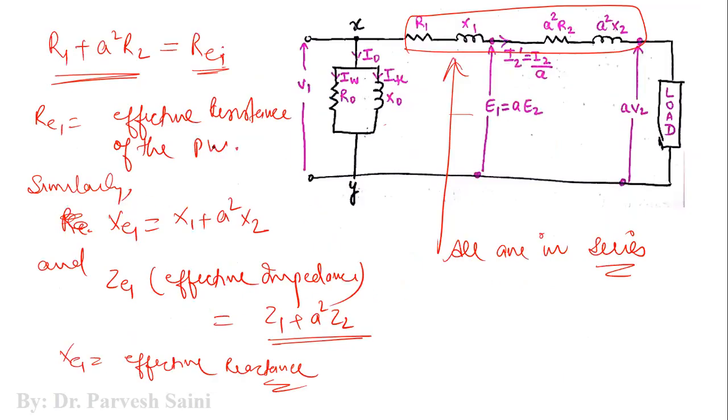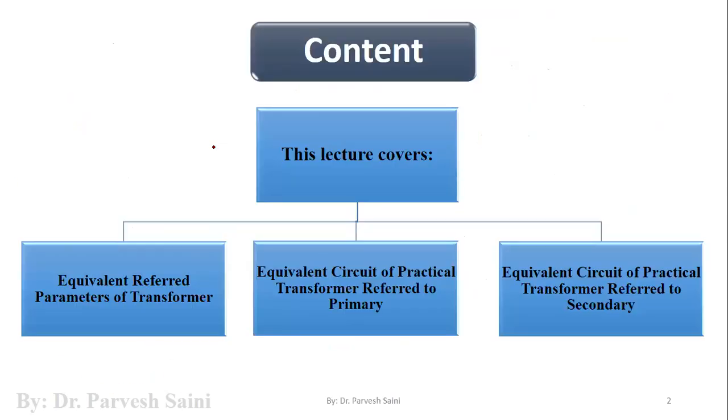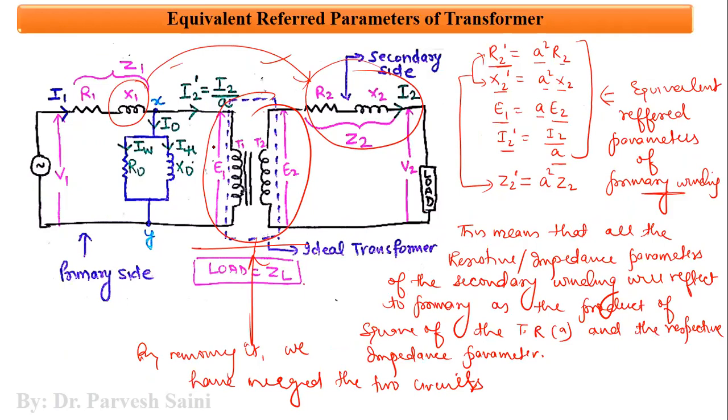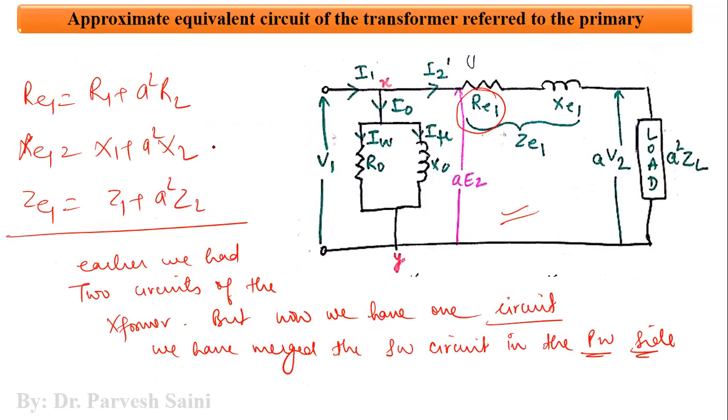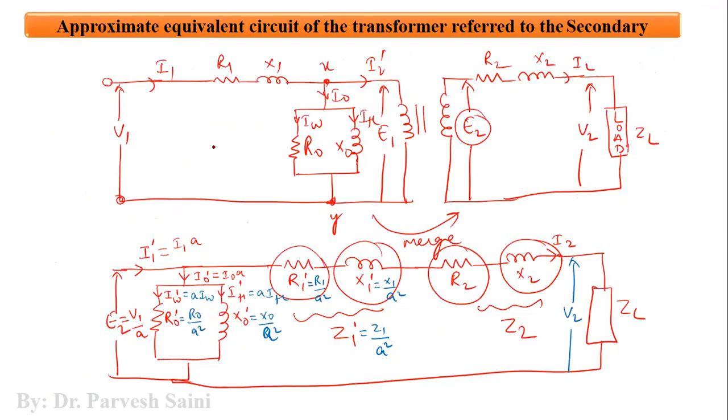So this is how we can combine or merge the two circuits of the transformer into a single circuit. So this was the objective of today's class. In this we have studied how to merge two circuits of the transformer into a single circuit. And now there are two ways we can merge. Either we merge the secondary side into the primary side, which is what we call the equivalent circuit of transformer referred to primary, or we merge the primary side into the secondary side, which is shown here in this slide.